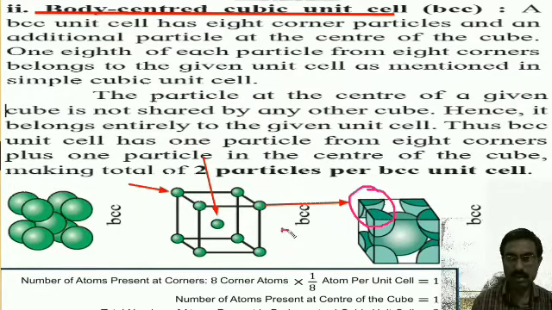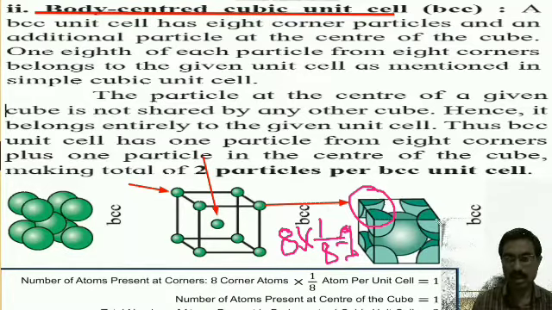The 8 particles at the corners, each constituting 1/8 part, give the number of particles as 1. And 1 particle is present at the center.